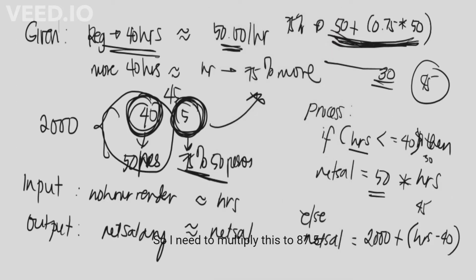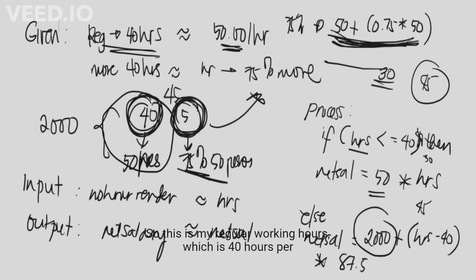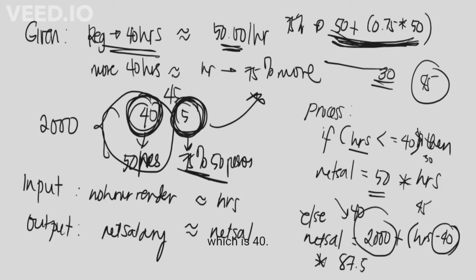So I need to multiply this to 87.5. This is my regular working hours, which is 40 hours per week. When I rendered it, that's equivalent to 50 pesos per hour, so that's 2,000. Then in excess of that, if my number of hours rendered is 45, I need to subtract 40 from it, so I can get the excess value of 5. And that excess time that I rendered will be 75% more of 50 pesos.